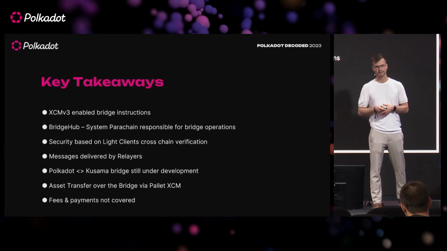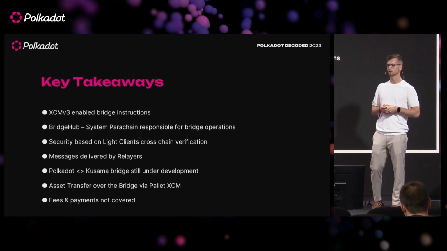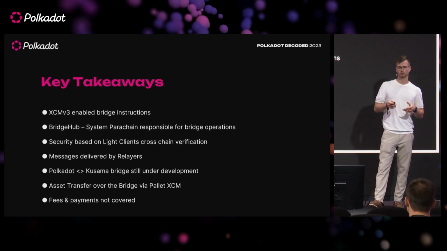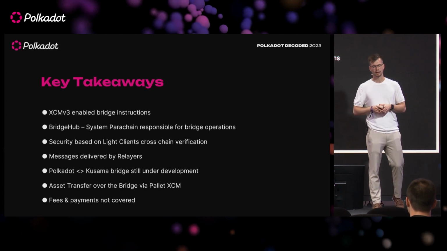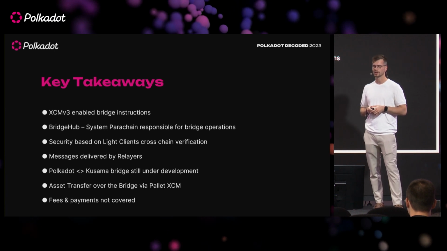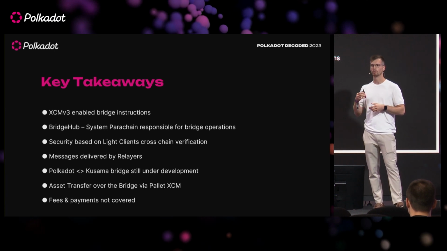OK. What are the key takeaways from that presentation? So at first, XCMv3 enabled bridge instructions. It brought the ExportMessage instruction to the whole instruction set. The BridgeHub is a system parachain that is responsible for bridge operation.